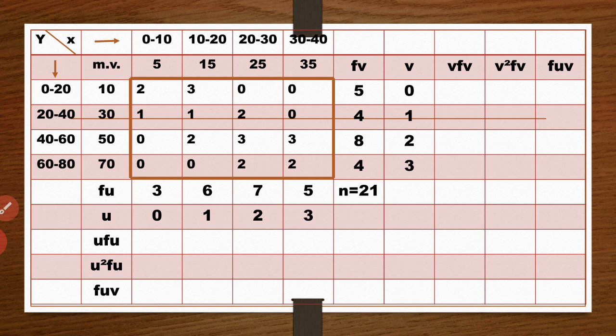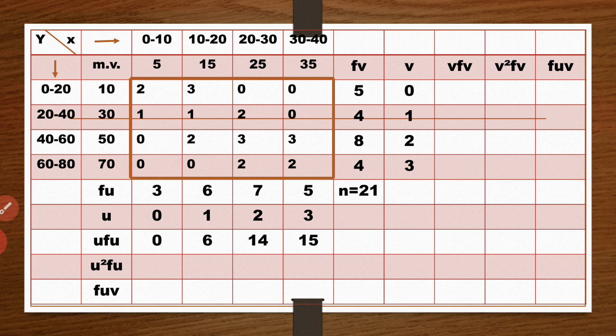Keep in mind, because this value we are using in the formula for x bar and y bar. So 5 is our a value and 10 is our b value, and you get the answer of u 0, 1, 2, 3 and the answer of v 0, 1, 2, 3.